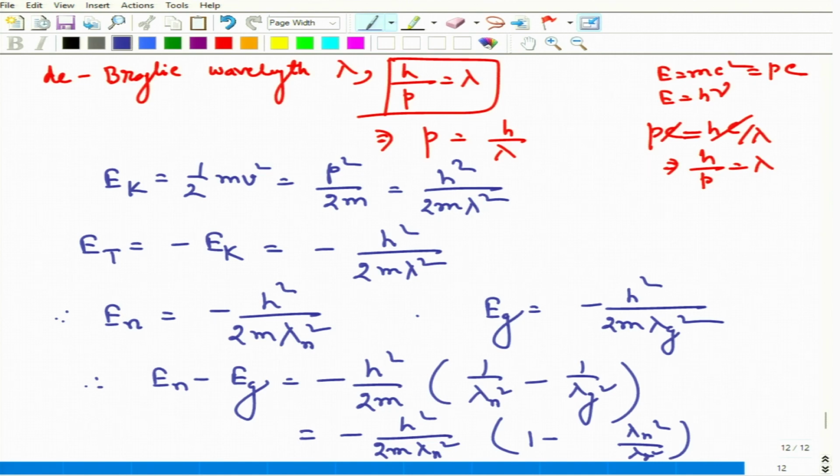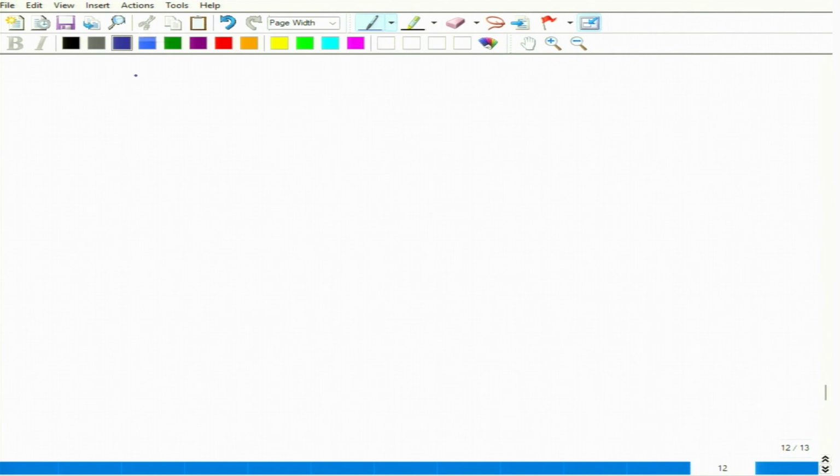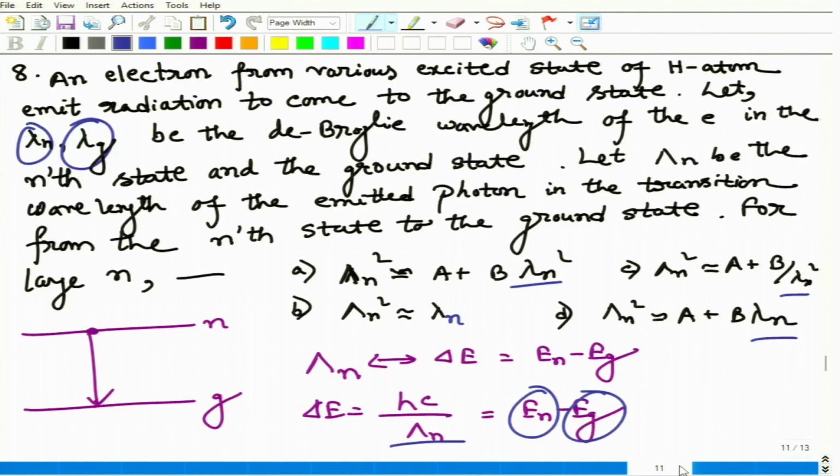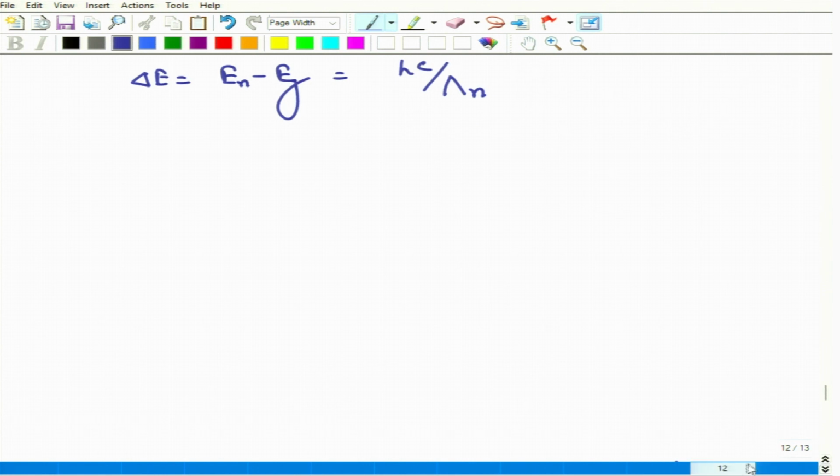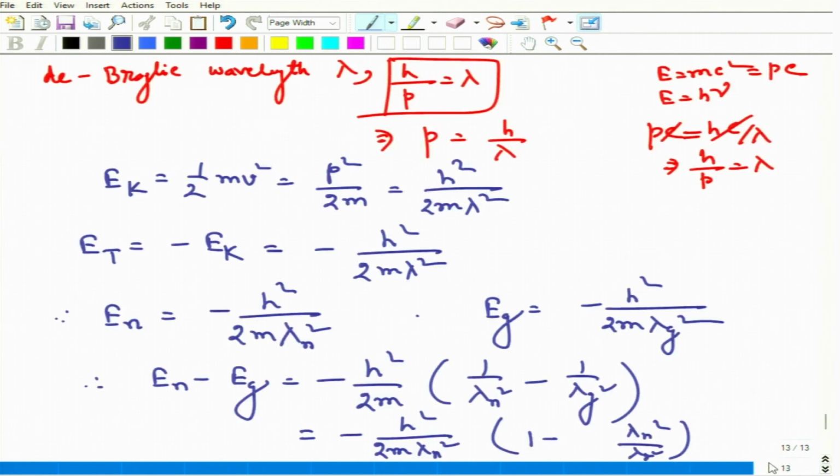Now they have asked this for large n. That will come, but what was that? Delta E equals En, these things was there. So what was the relation? Yes, this is the relation: h square divided by 2m lambda n square into 1 minus something.